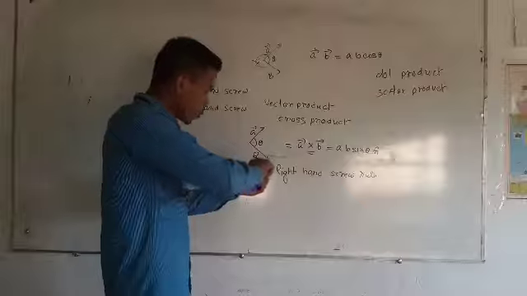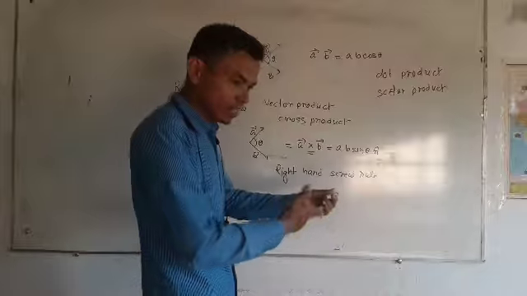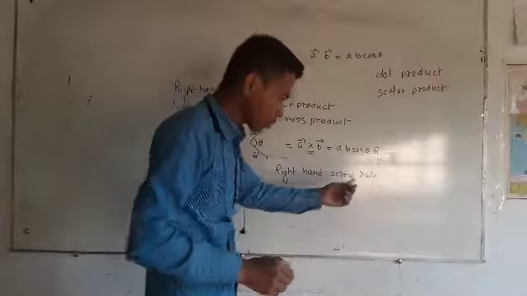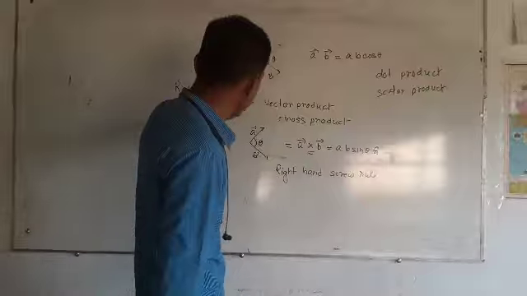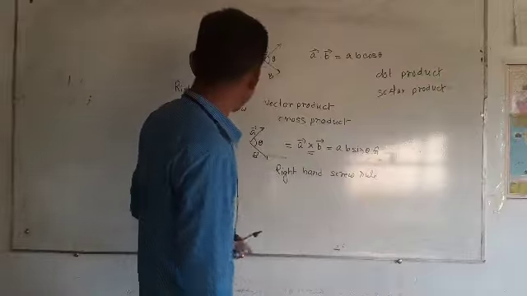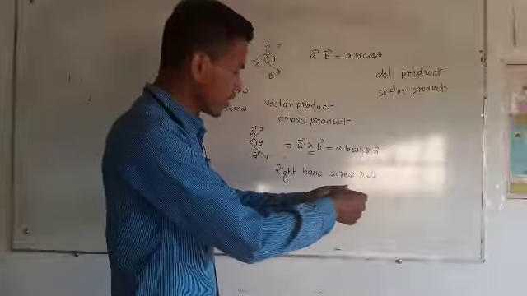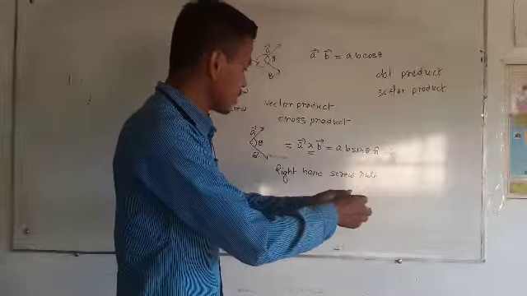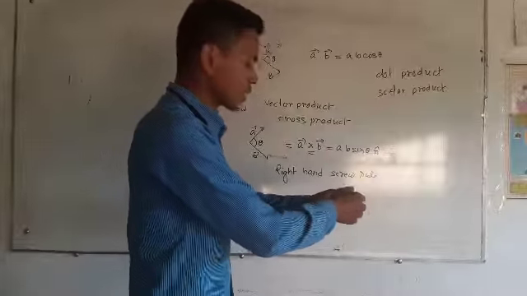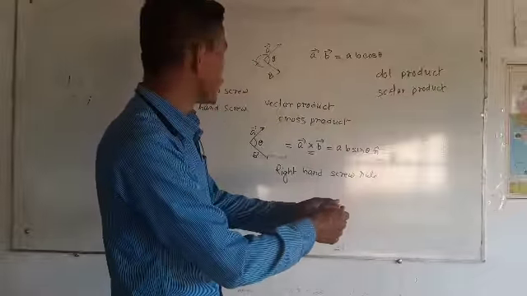This is the working principle of the right hand screw. And for a left hand screw, when I turn the screw towards the left, the screw advances forward. This is how a left hand screw works.